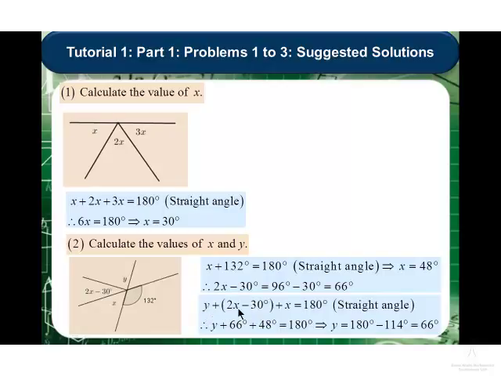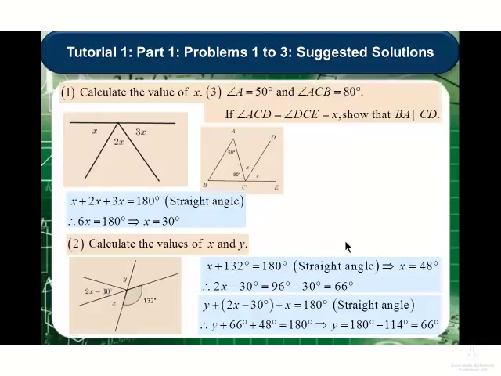If we substitute the value for x, namely 48 degrees, and consolidate, making y the subject of the formula, then we see that y is equal to the angle with value 66 degrees.